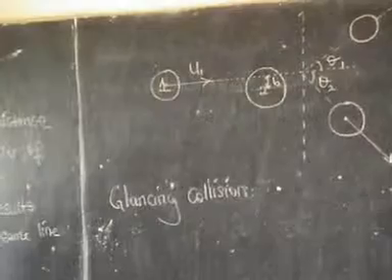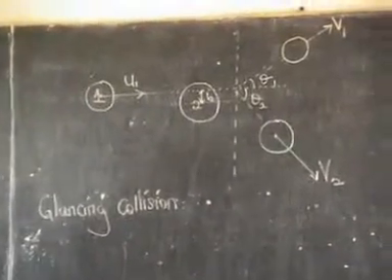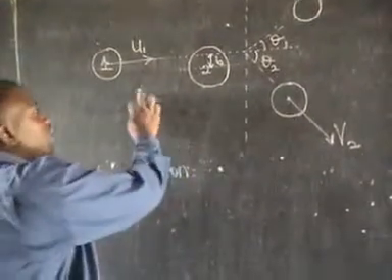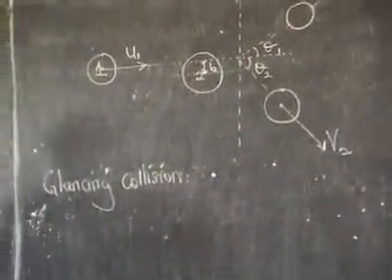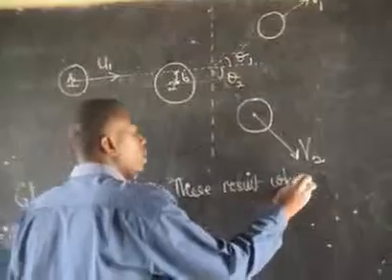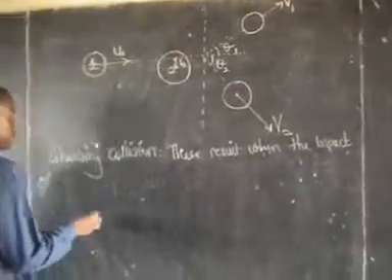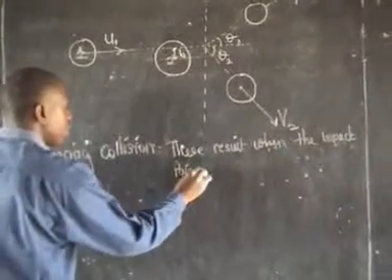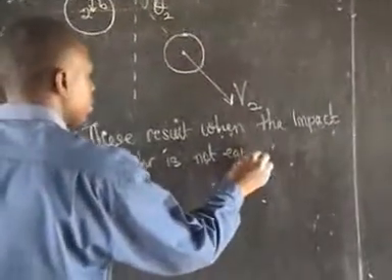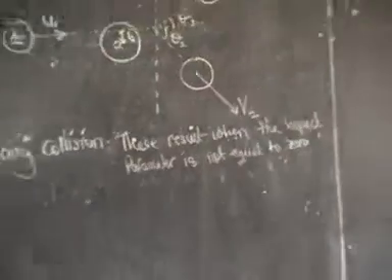So glancing collisions result when the impact parameter is not equal to 0 and less than the dimensions of the body.